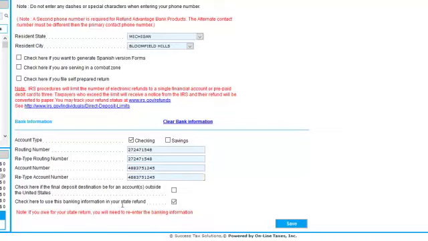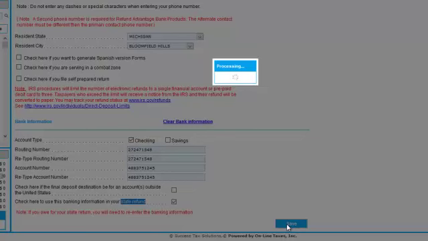And you want to click here if you want the state return to go in there as well. And this says if a final deposit destination will be for an account outside of the United States, you would click that. Most cases not. And you would click this for the return and hit save. If something's not done properly, it will let you know right now.